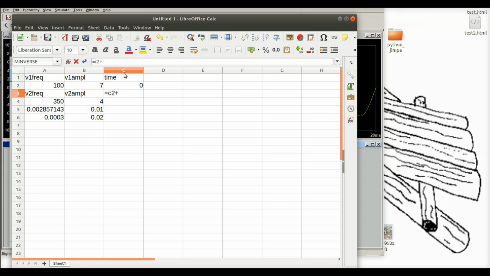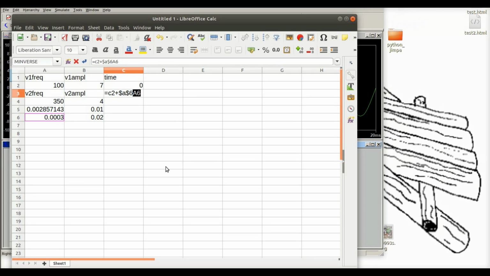So that references the cell above, and my addition is the step time.